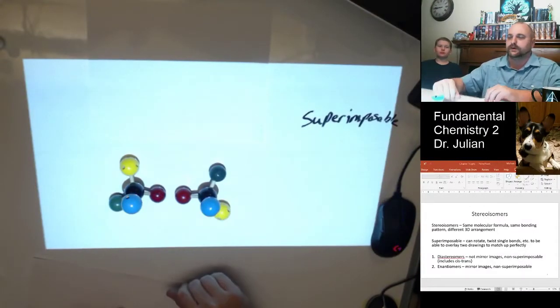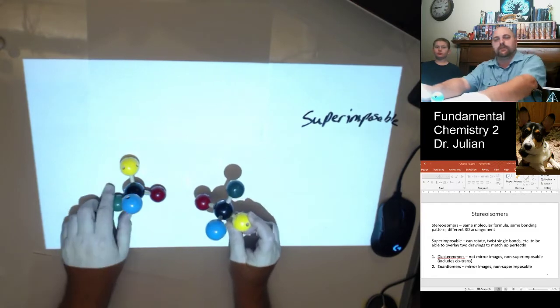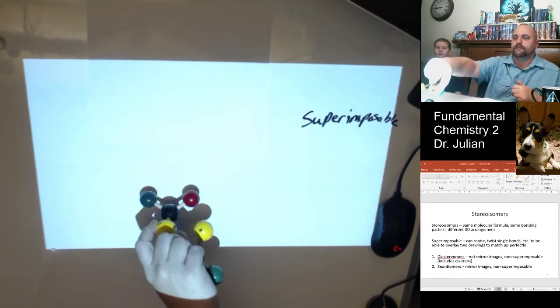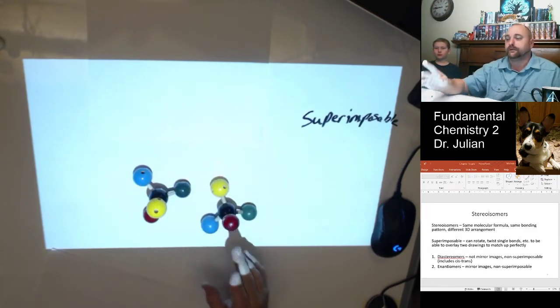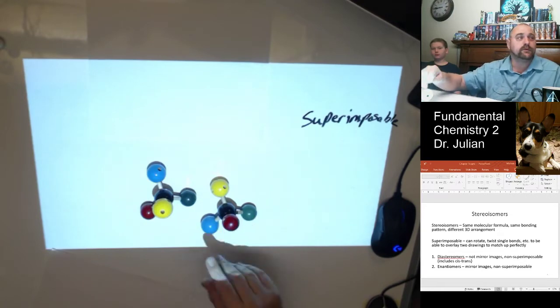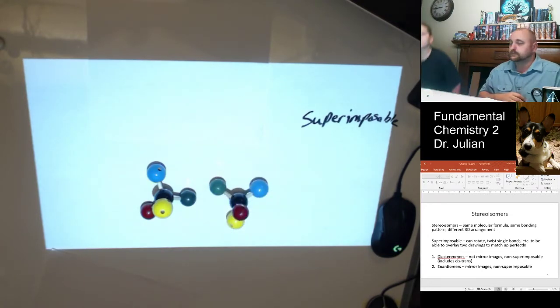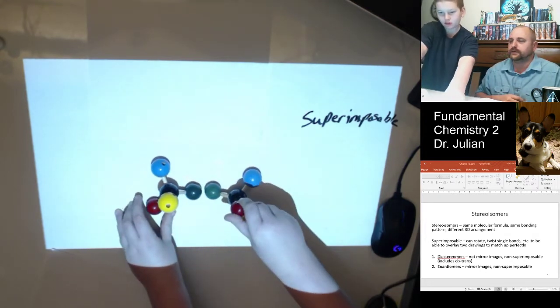They spin around, and so we want to know if they're superimposable. If they're superimposable, I can line them up to where they're in the same coordination. Can you line those up to where the green would be facing the same way?